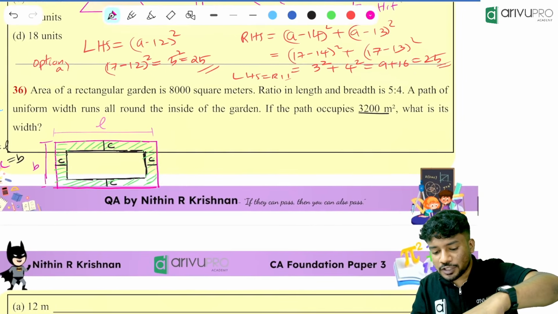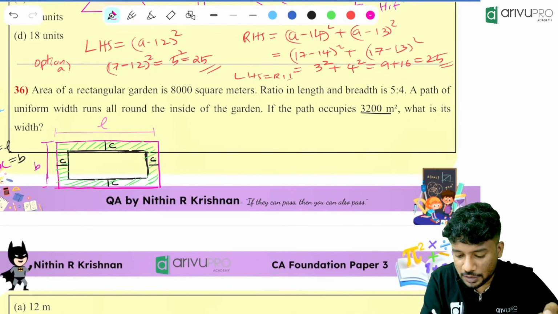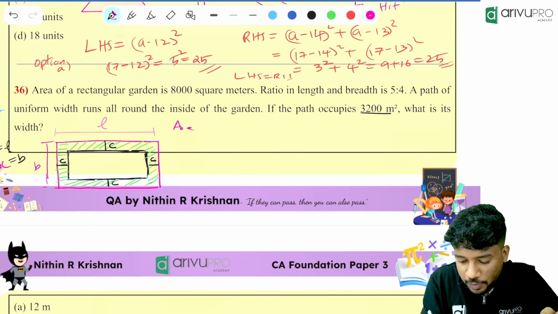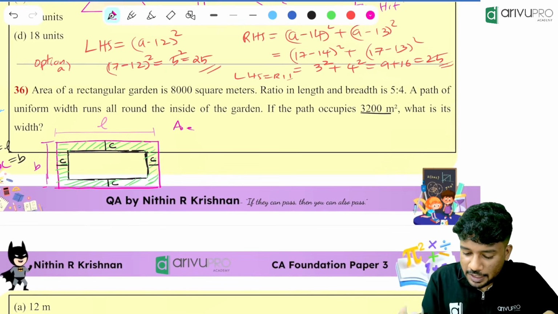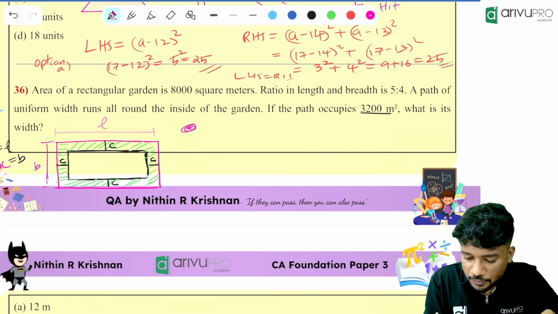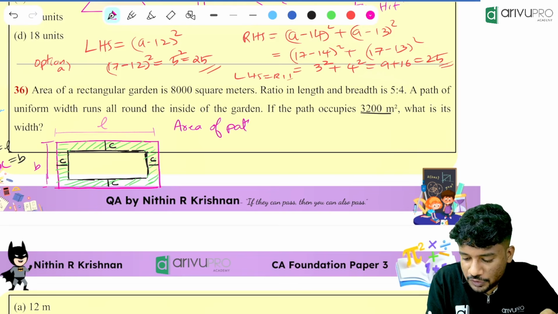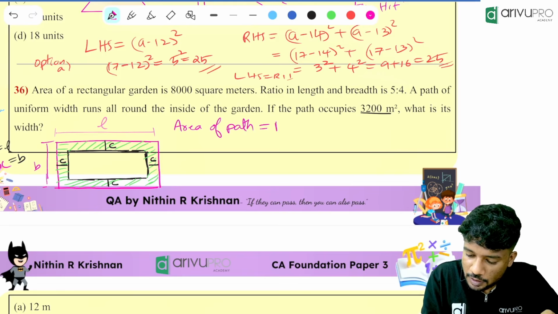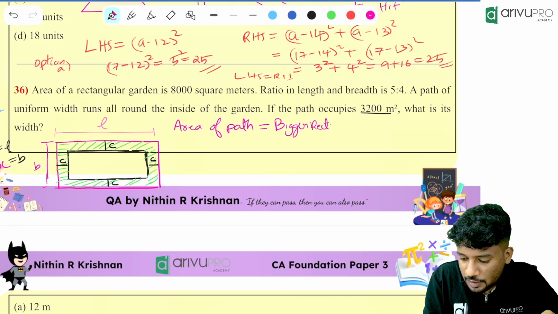So can you tell me what is the area of the path? Area of path, make a note of it, people. Area of path is equal to bigger rectangle minus what? Smaller rectangle, or the rectangle which is mentioned in black color. Okay.